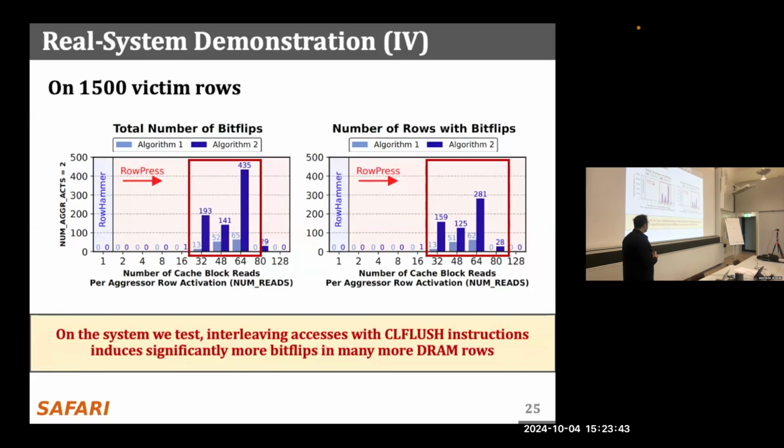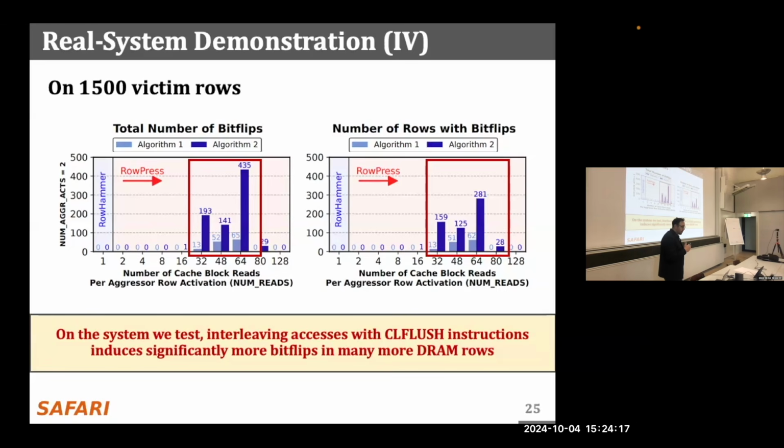So RowPress is a new read disturbance phenomenon. Think about RowHammer. It was first discovered, let's say not published, in around 2012, because the work started around that time, and then it was published and widely known by 2014. And we had all these sophisticated attacks over the last decade, right? This was just discovered last year, and this is just a proof of concept demonstration on a real system.